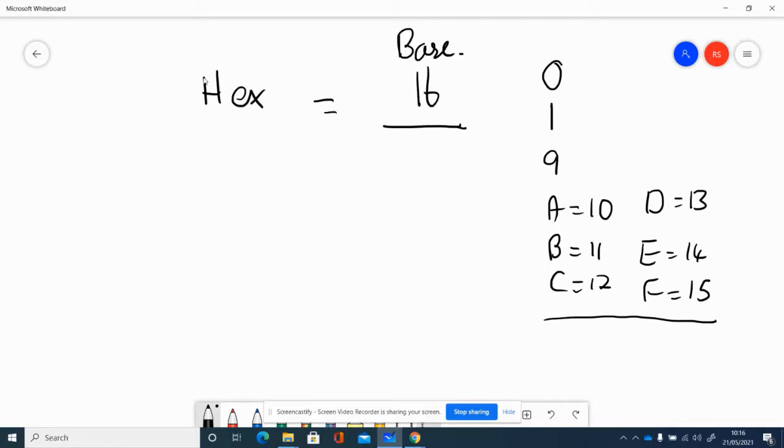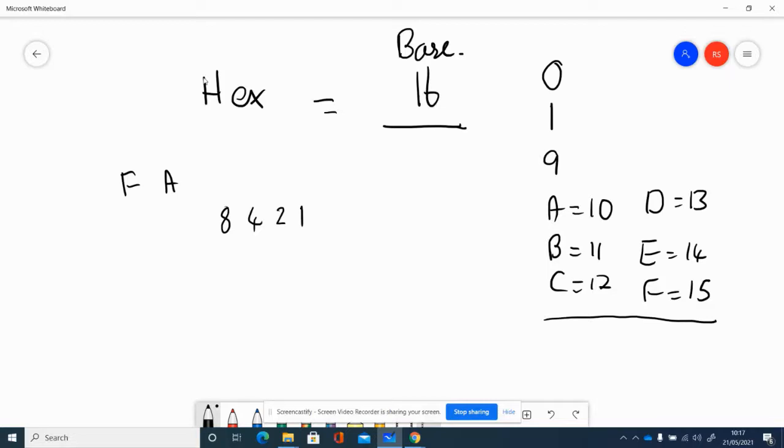So maybe we would do a conversion. Perhaps you might get a question which says something like, convert the hex number FA into binary. The way that we could do this is simply just by writing down our positions, and each 4 binary positions represents 1 character in hex.